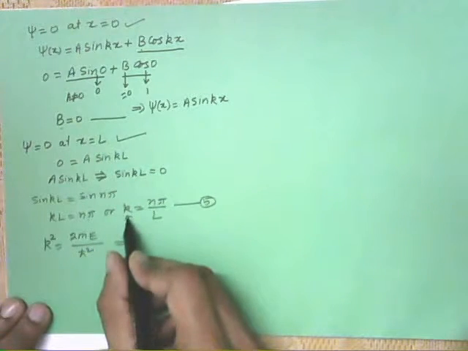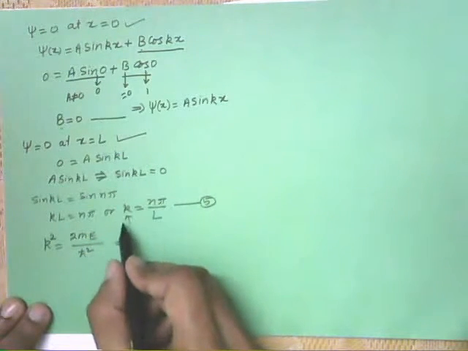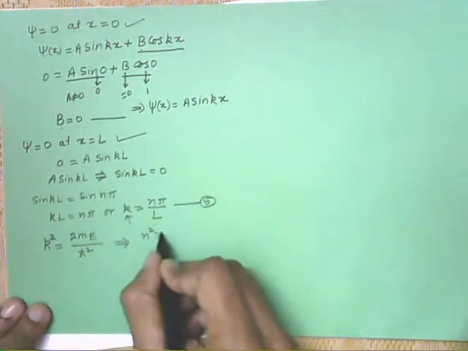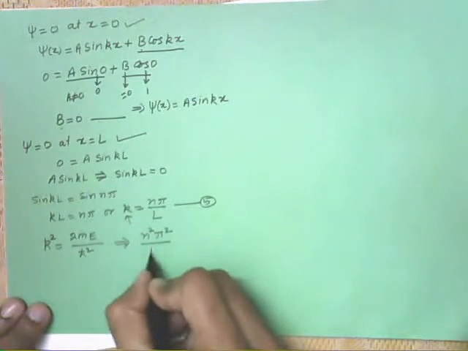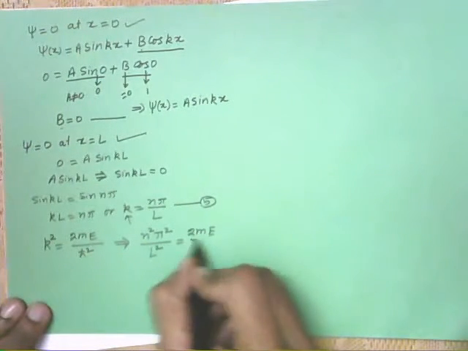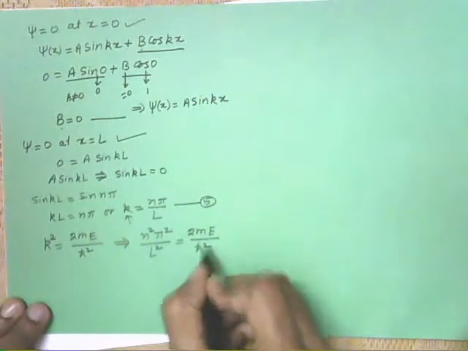So now substituting this value of k into this equation, this becomes n square π square upon L square is equal to 2mE upon h cross square.